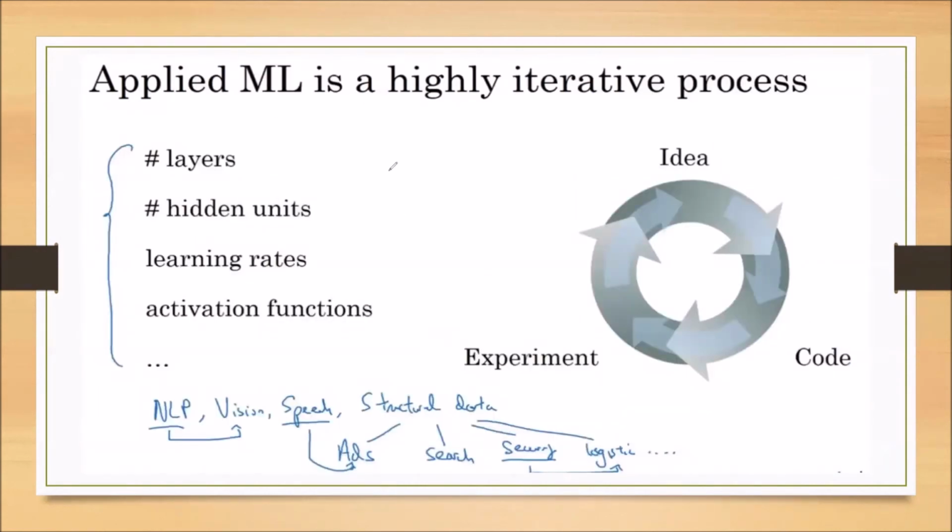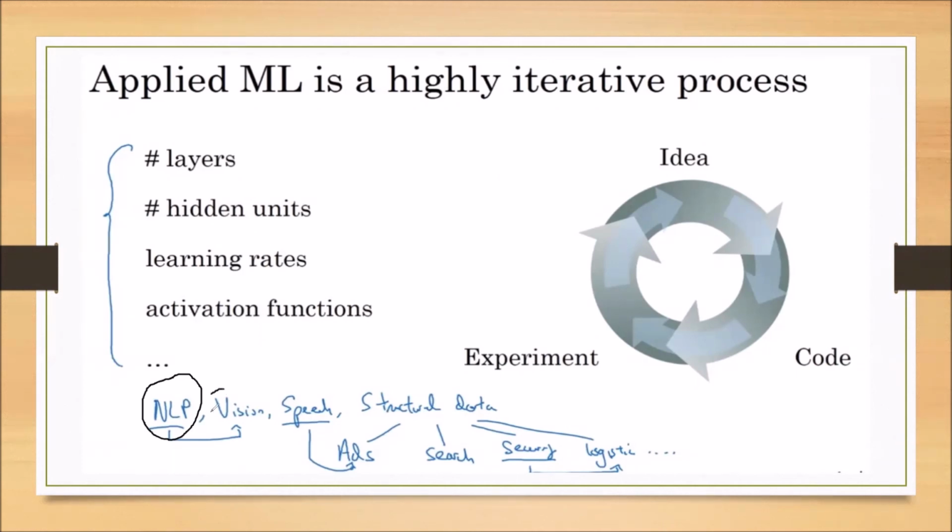Where are we using deep learning and applied machine learning nowadays? These deep neural networks are used in natural language processing. Whenever you want to change some text from one language to another, like in Google Translator, it is one of the applications of deep learning.